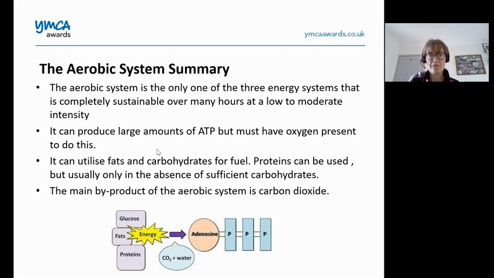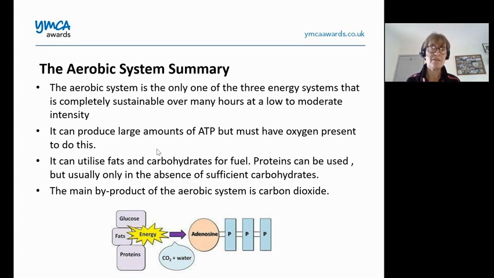It's actually an incredibly complicated system, the aerobic system, and there is a section in the manual that describes the Krebs cycle and other parts of it, the citric acid cycle, but you don't need to know that. It's quite interesting, but basically it's just knowing that this is a system that's sustainable over many hours. Imagine going out for a long walk during the day, a long jog or a marathon.